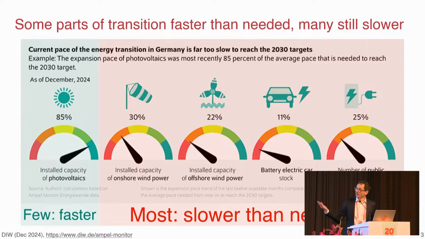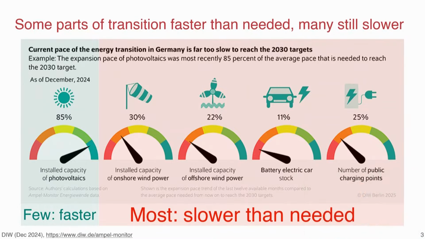And I like this traffic light graphic from the German Institute for Economic Research. They update this every couple of months. This is for Germany only, and it shows the speed at which different technologies are being deployed relative to Germany's 2030 targets.